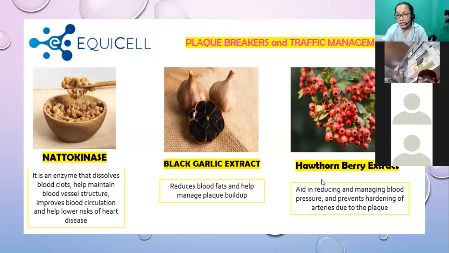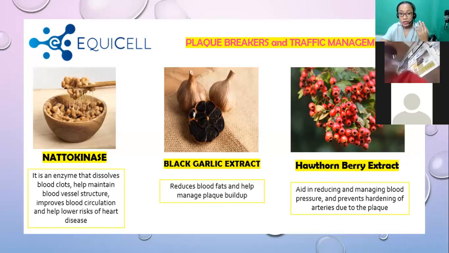And then on the other hand, si hawthorn berry extract naman, okay, aids in reducing and managing blood pressure. Kasi remember, if there are plaques or deposit of plaques in the vessels, the blood vessels, the circulation or the pressure is high. Okay, and mahihirapan ngayon makareceive ng nutrients yung mga cells na nasa dulong-dulo na kasi nga mataas ang pressure. So itong si hawthorn berry naman, minamanage niya yung blood pressure.